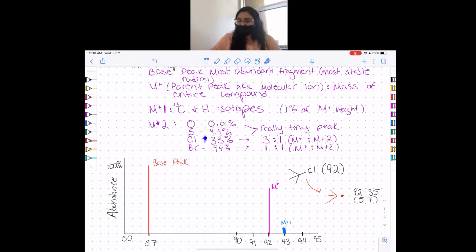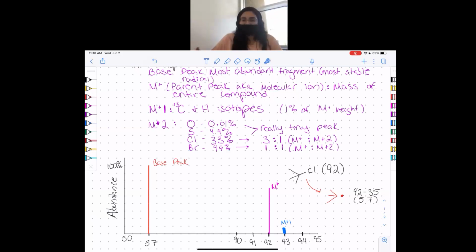So we said here that chlorine is going to be 33%. The reason we say that is because the abundance of the chlorine isotope in nature is approximately 33%.